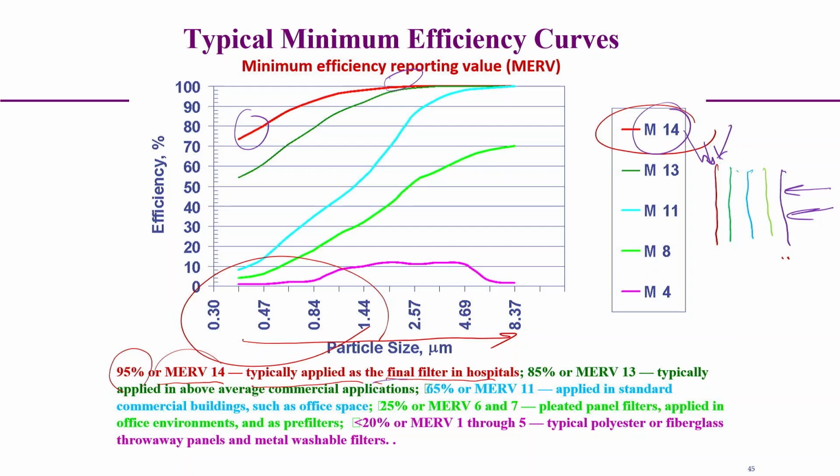Next one is MERV 13, a little bit more porous structure than MERV 14. Typically it is applied in above-average commercial applications. So, in any commercial application, even in a hospital, we can use this, where we need better than normal cleaning, like in schools and any enclosed place.